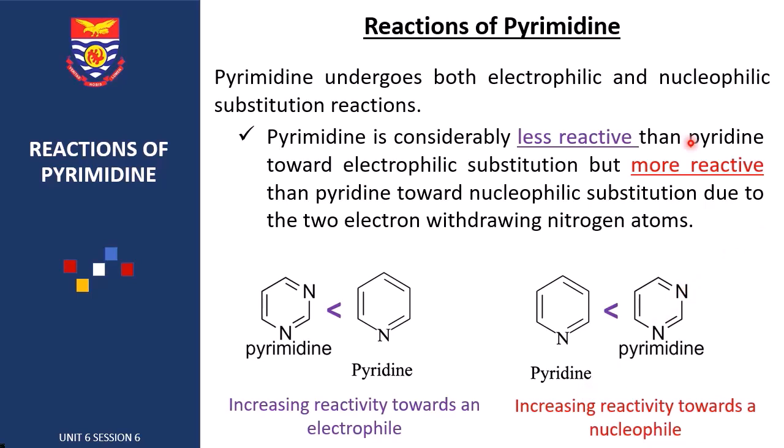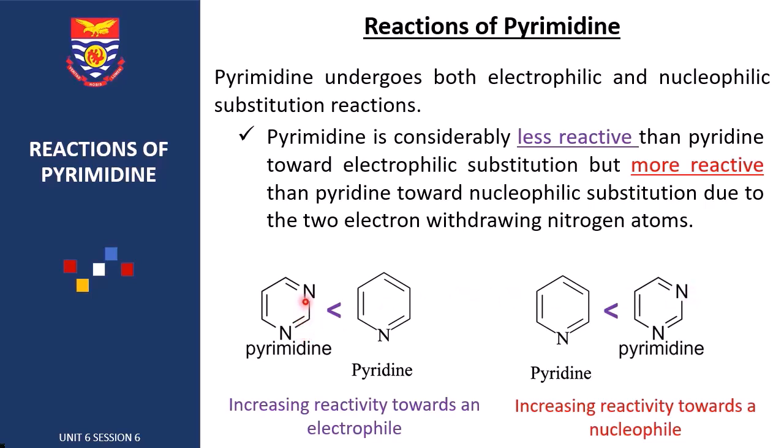That is due to the presence of the second heteroatom that is present in pyrimidine, and I explained this with some of the resonance structures that are obtained. Most of the time it's better to use the resonance structures that are produced. So if nitrogen is highly electronegative, any resonance structure that puts a positive charge on the nitrogen makes it less reactive.